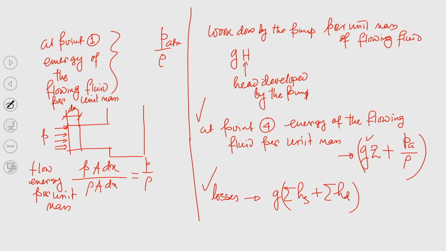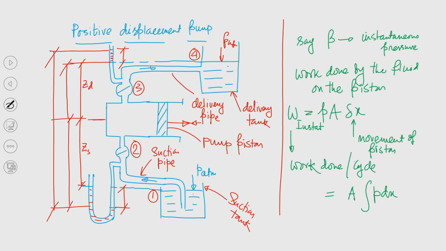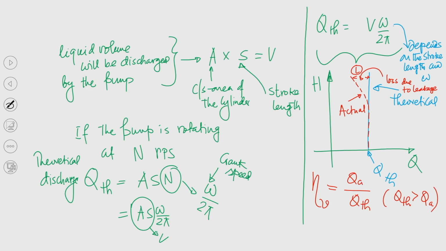But instead of writing that expression, what we did, now if you simply see, is that at point 4 the G into Z is there.